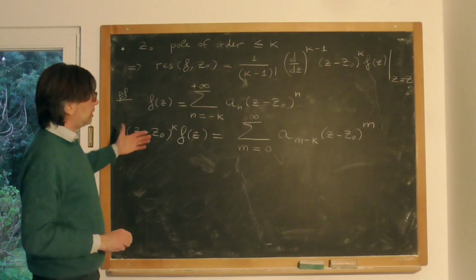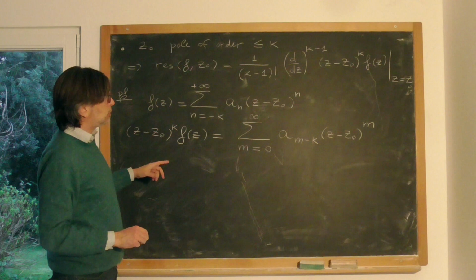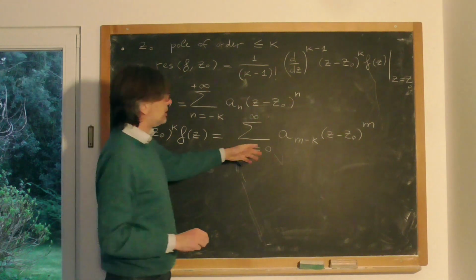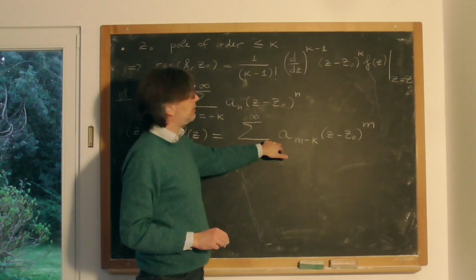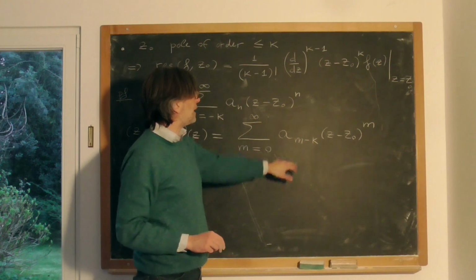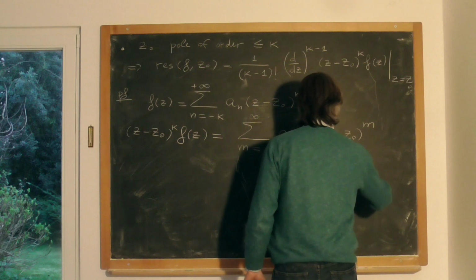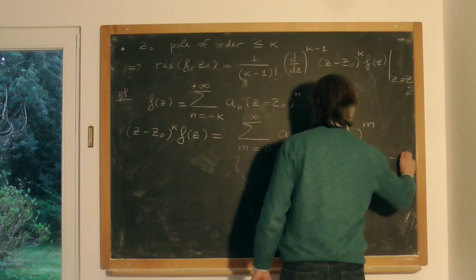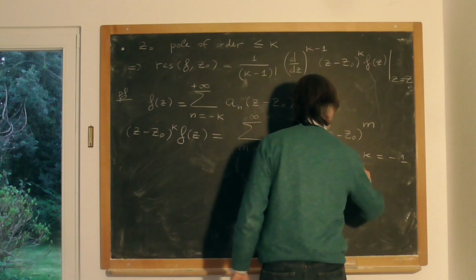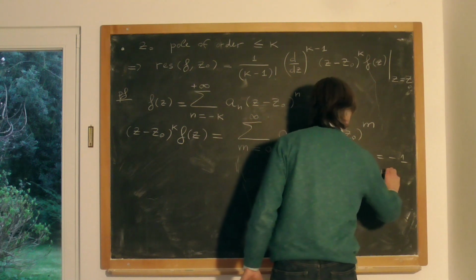And now in this genuine power series, the coefficient which is interesting for us is the coefficient a_{minus 1}. So when is m minus k equal to minus 1? m minus k is minus 1 exactly when m is k minus 1.